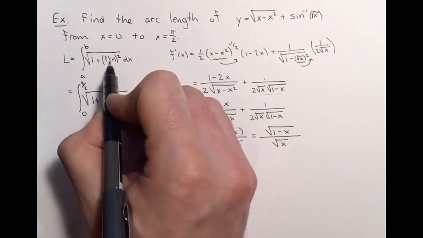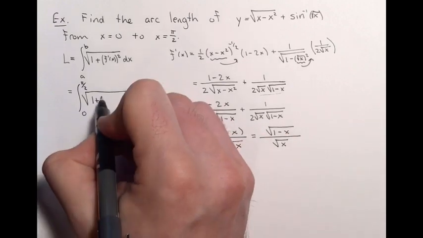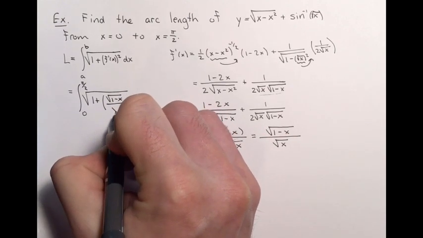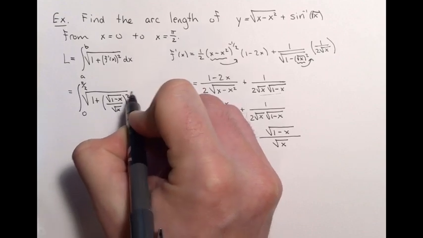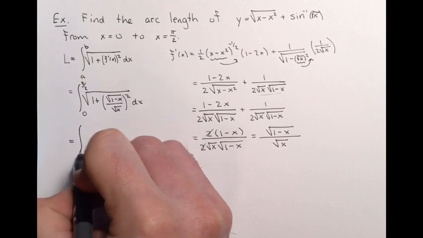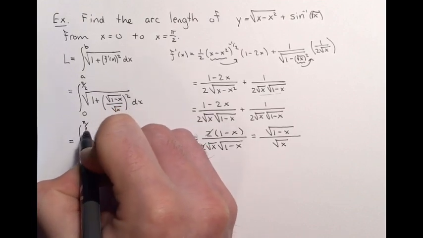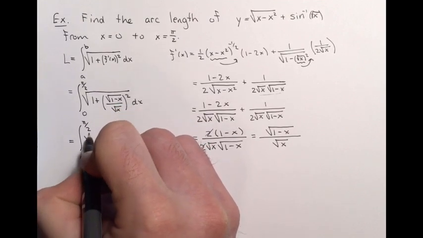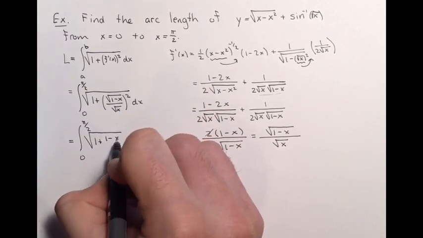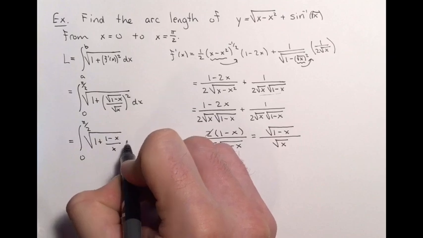And inside we have 1 plus our derivative squared. This part, when I square it, those square roots are going to cancel very nicely. And so what we end up with is just going to be 1 minus x divided by x.